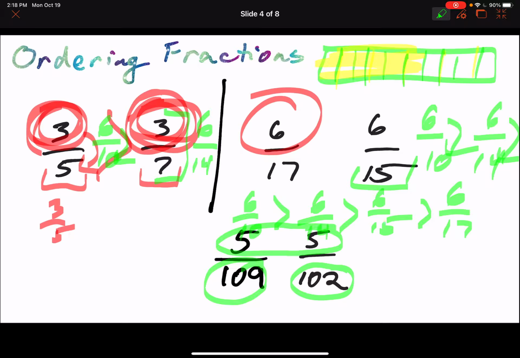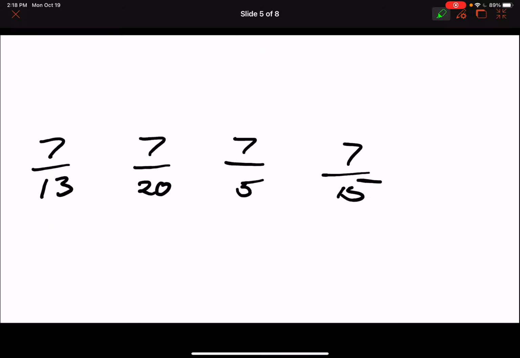So if I want a bigger piece, I'm definitely going to choose 5 over 102. Okay? So 5 over 102 is the bigger number. So 5 over 109 is less than 5 over 102.